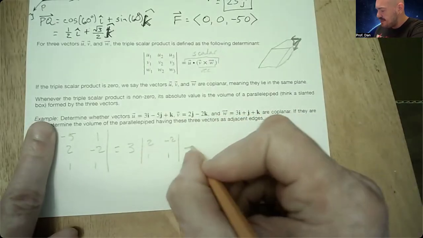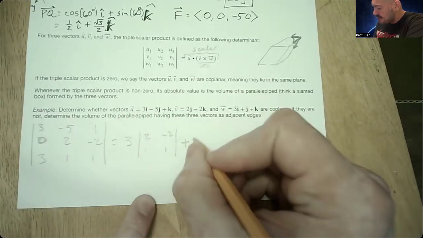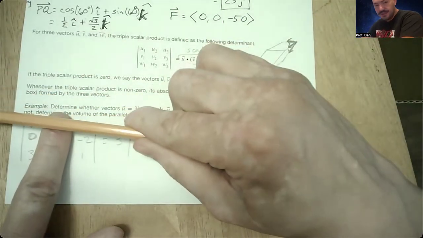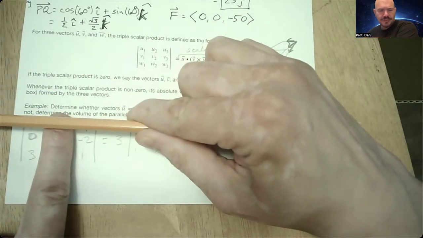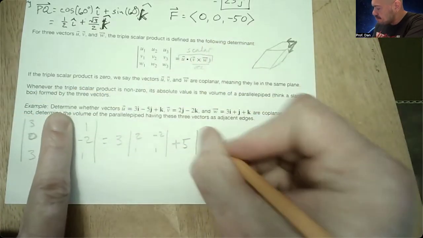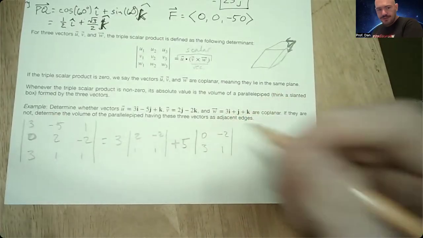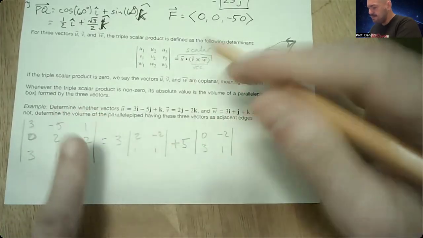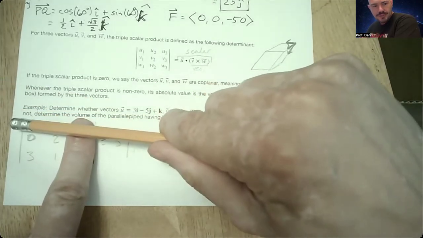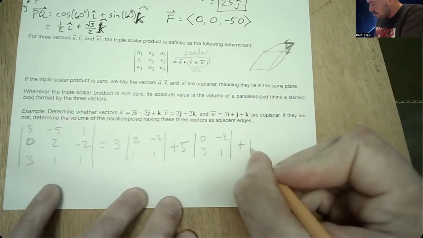Okay, minus, and then we look at our second number, that's -5, minus the negative will be positive. And if I cover up first row, second column, we leave behind 0, 3, -2, 1. Then for the third column, cover up third column, first row, we get 0, 3, 2, 1.